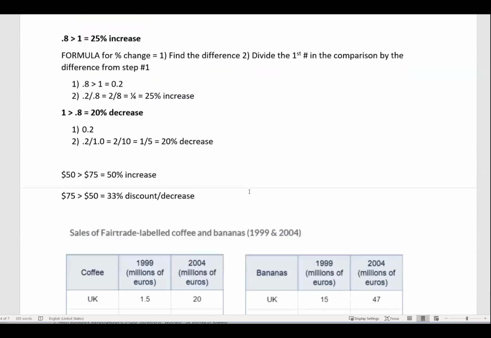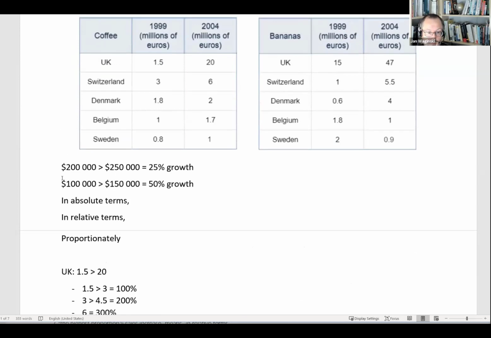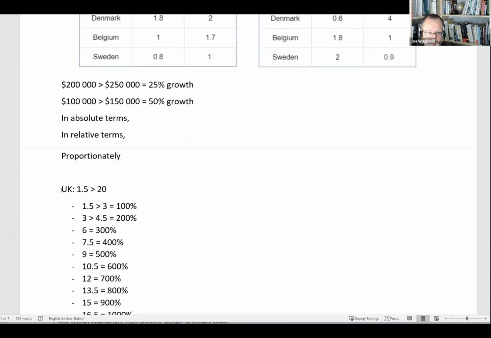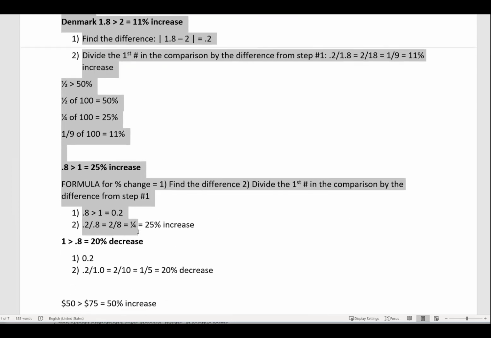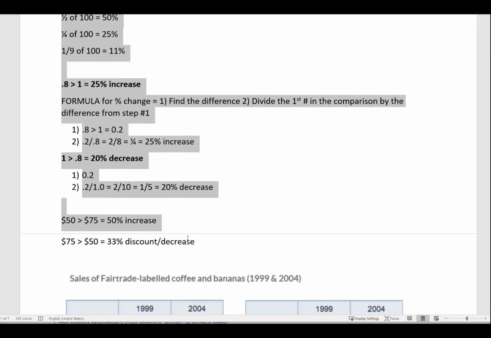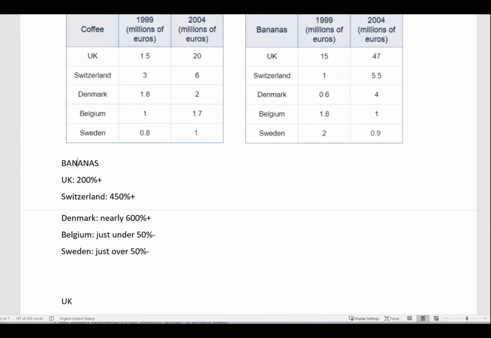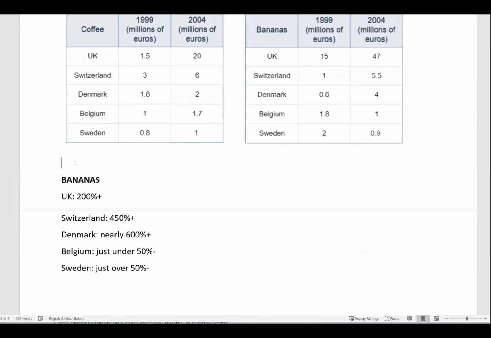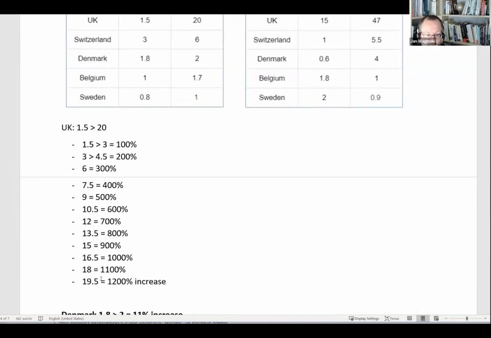And then let me get our coffee numbers. So again, UK is, were these numbers right?